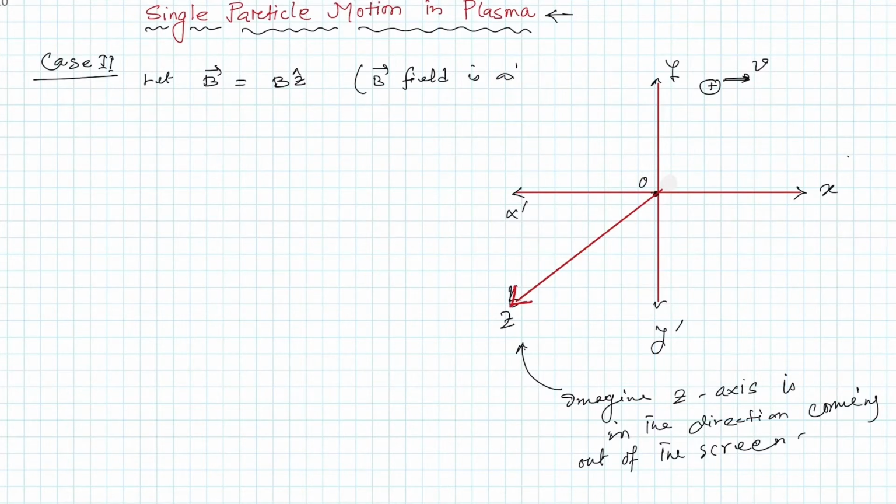Assume that the z axis is coming out of the screen perpendicularly, towards you. So it is perpendicular to the screen of your device, and you can consider it is coming outward, towards your face.